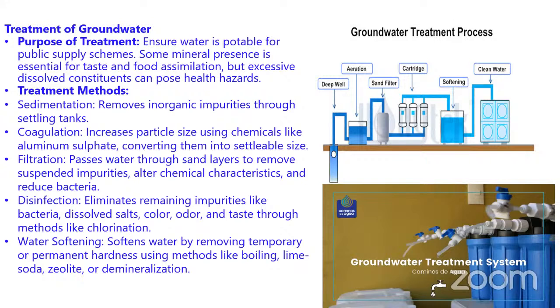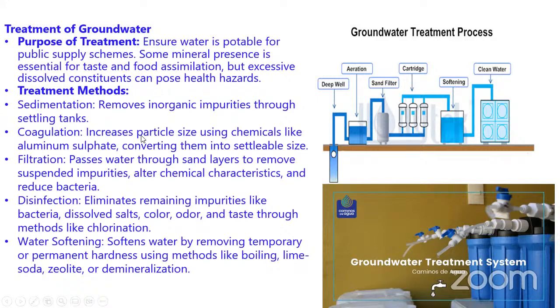So the TDS of public supply schemes is maintained at 250 mg per liter. Some mineral presence is essential for taste and food assimilation, but excessive dissolved constituents can pose health hazards.